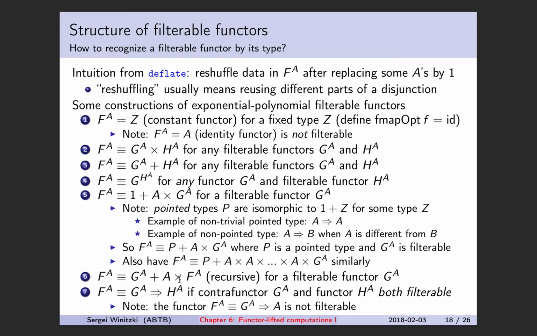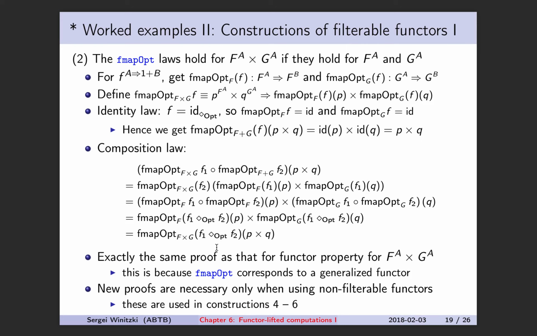In the worked examples, I show a symbolic derivation of some of these laws, such as for these functors fa and ga, if the laws hold, then they also hold for their product. And I use the fmap opt laws because they're just two, and it's shorter to check that the laws hold.